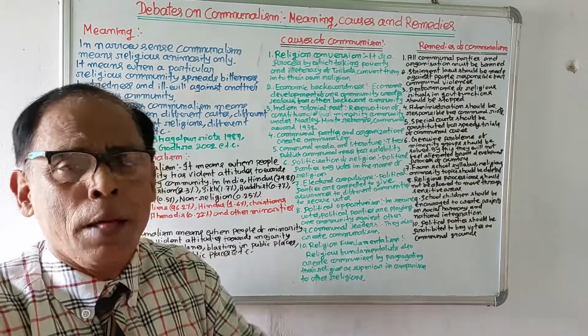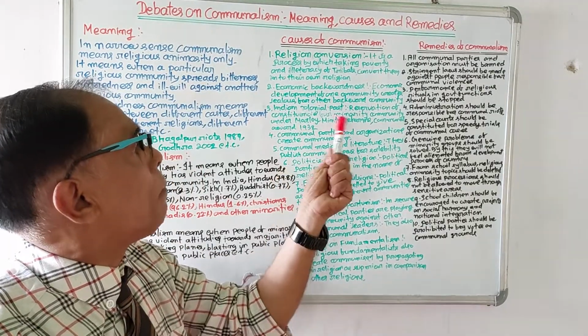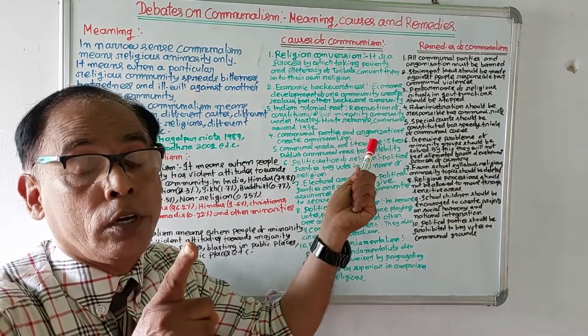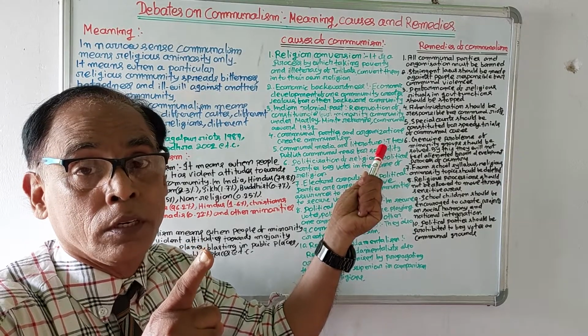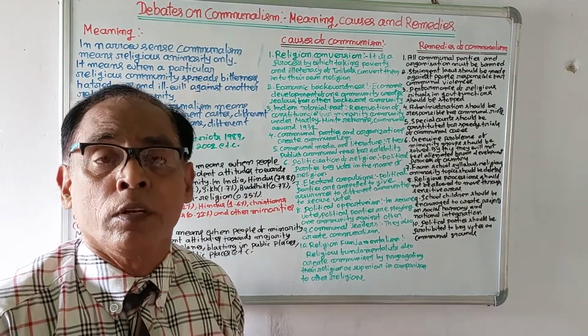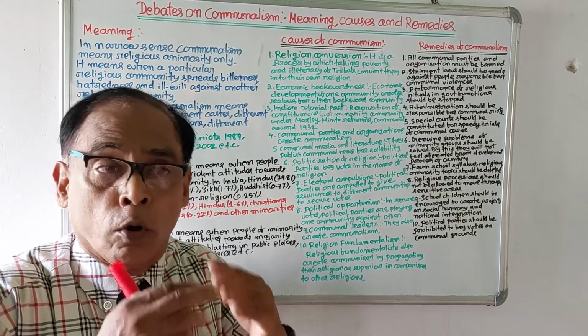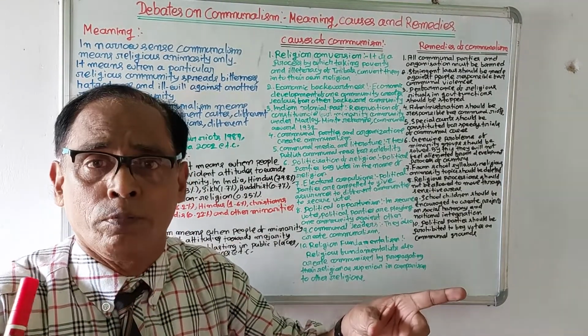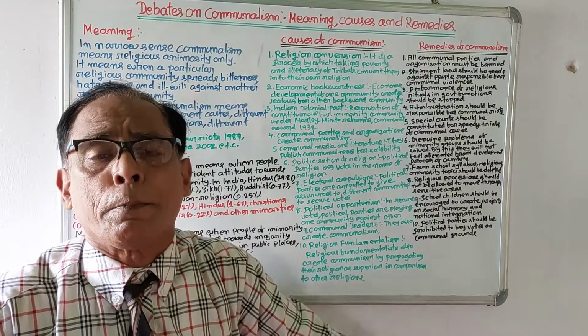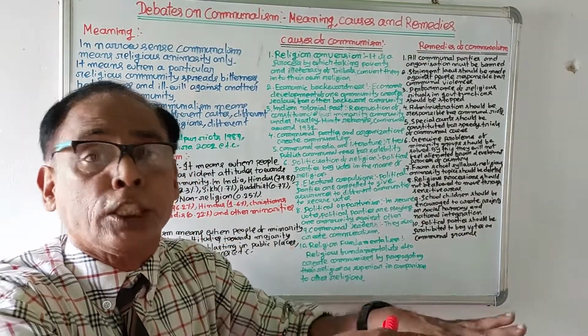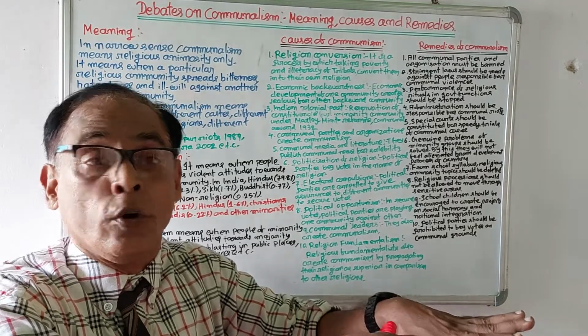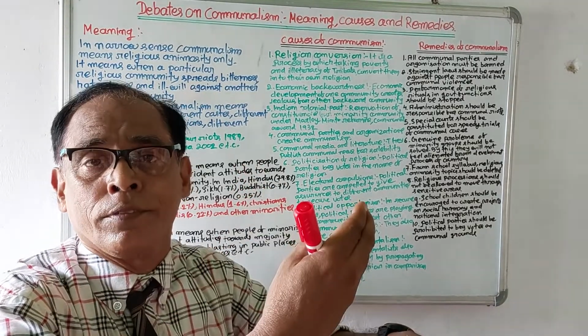So in India, the colonial past was a major cause for the growth of communalism, because during British rule, in order to create a division among Indians, the British government followed the policy of divide and rule. They knowingly reserved some seats for the Muslim community, to which Hindu people protested.